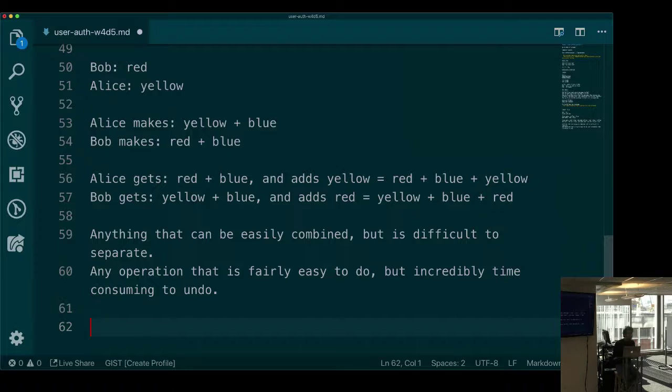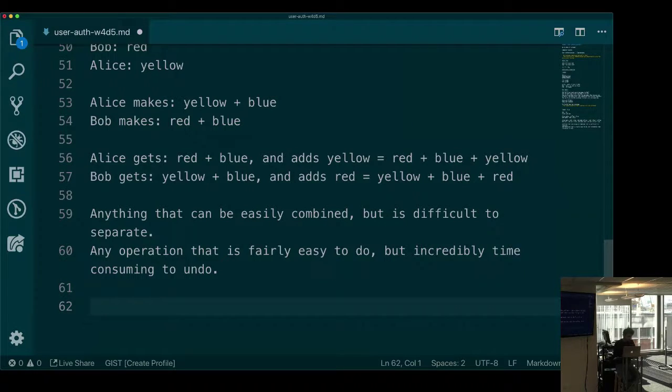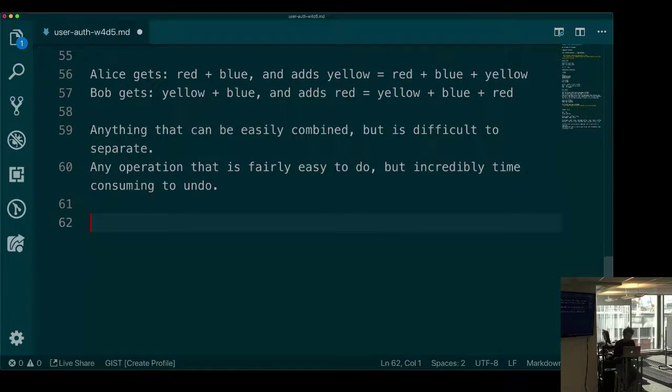We can bring this down to mathematical levels and think about things that are easy to do and incredibly difficult to undo. Something that might be fairly easy, and that we're going to use for our keys, is multiplication of numbers.